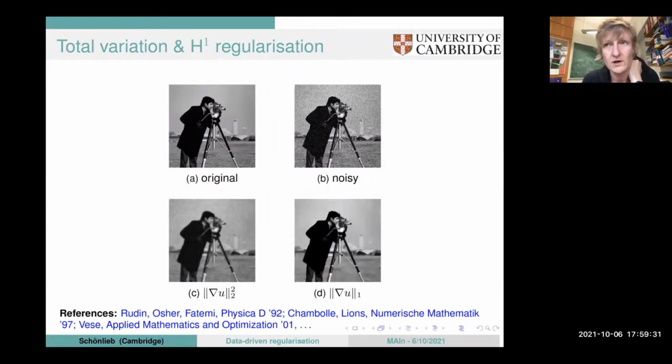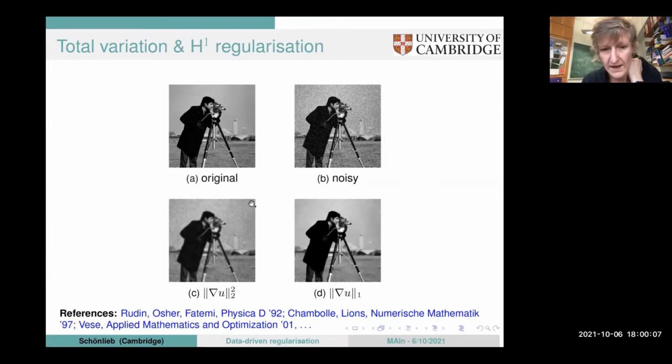I said before that this regularization really chooses the right reconstruction that explains the data. This is now a super simple inverse problem in the sense that the operator T is just the identity, as a denoising example. So my data y is my original image u plus white Gaussian noise. Every pixel has been corrupted by normally distributed noise.